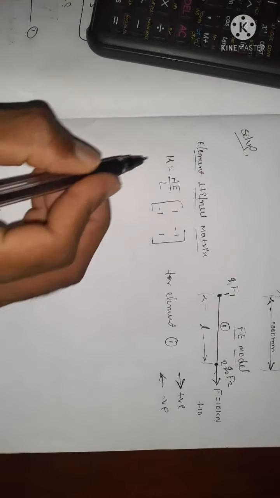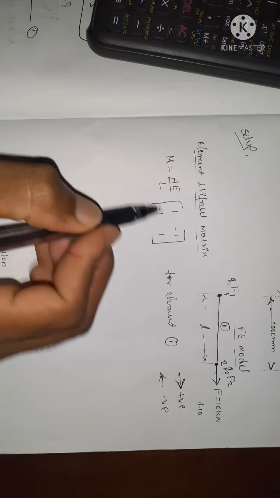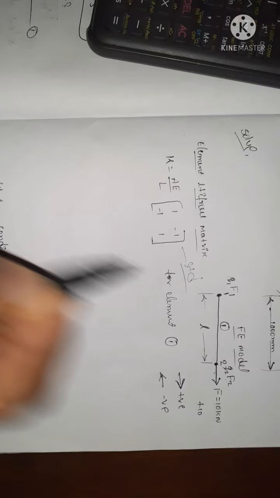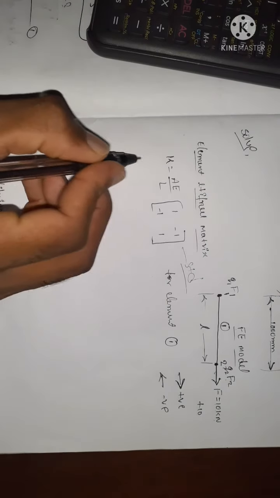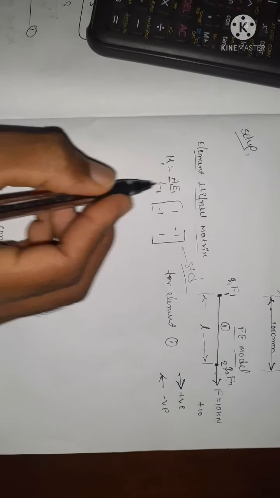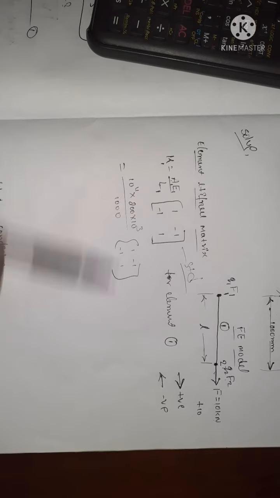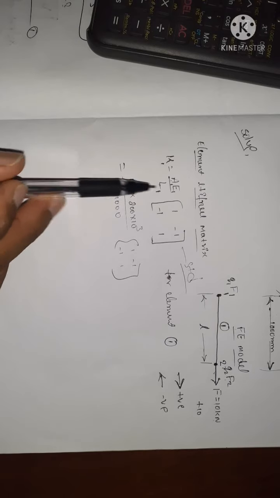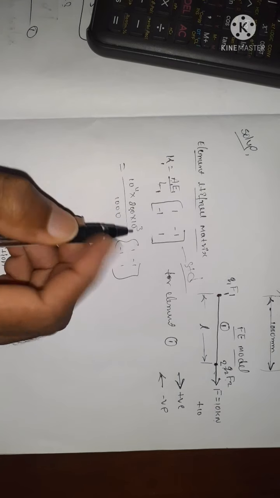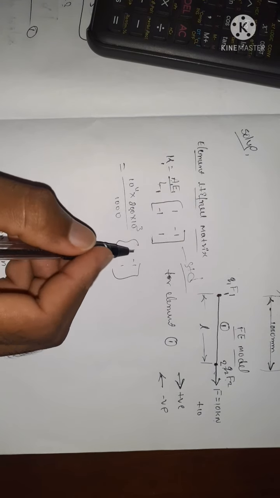Next, to find the element stiffness matrix, K is equal to AE by L times [1 -1; -1 1]. This is the standard formula. How will you find K1? K1 is equal to A1 E1 by L1. So note the A, E and L values. Where 200 gigapascal is converted into megapascal, multiplied by 10 power 3.